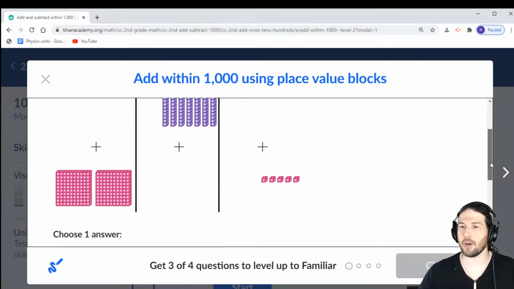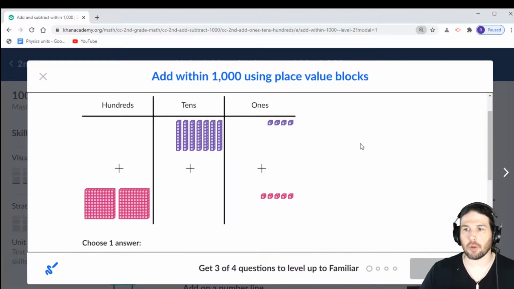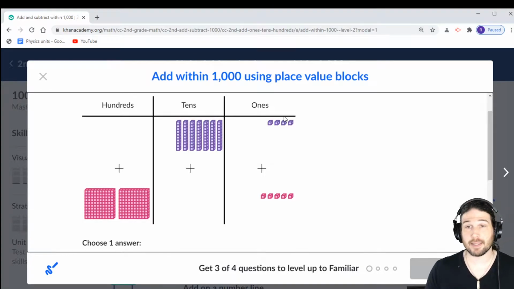We're adding 205 to 74. Now, I love this visual because we can take these 1, 2, 3, 4, 5, 6, 7, 8, 9. We've got these 9 ones, not enough to make another 10, so that just makes 9.